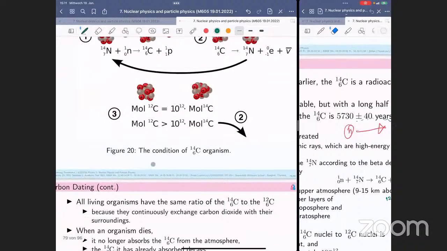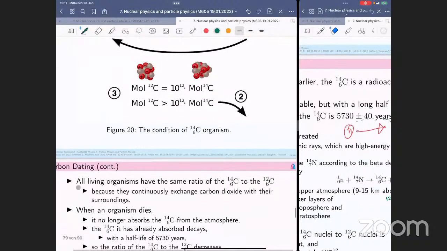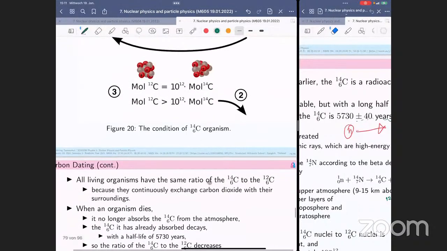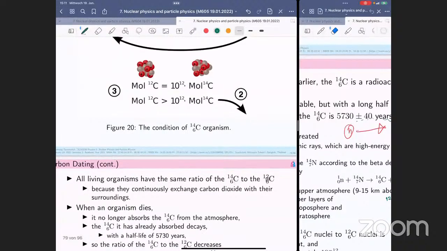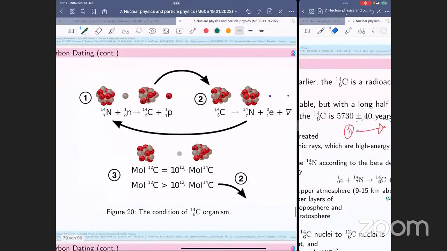stopped breathing, or started to die. All living organisms have the same ratio of carbon 14 to carbon 12 because they continuously exchange carbon dioxide with their surroundings. To breathe every day, you have carbon dioxide, and carbon 12 is 1 million times the amount of carbon 14.